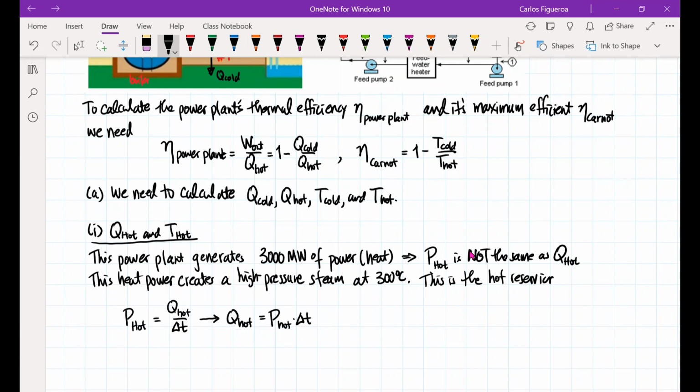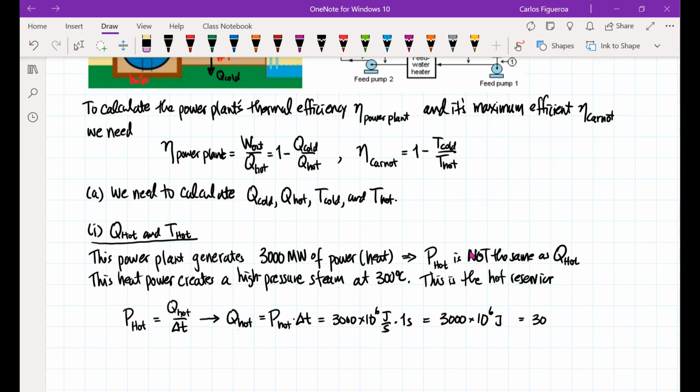So when I look at this number, I have 3,000 times 10 to the 6 joules per second, but this is generated every 1 second, which gives us 3,000 megajoules per second, or I could call this 3,000, nope, it shouldn't be per second.